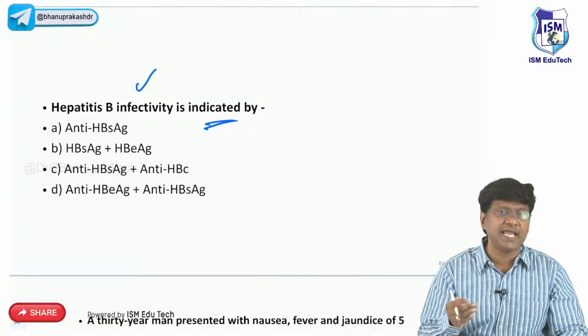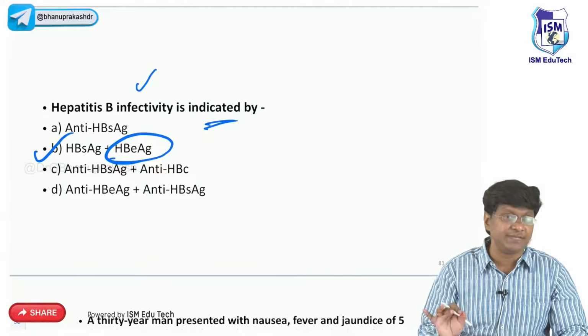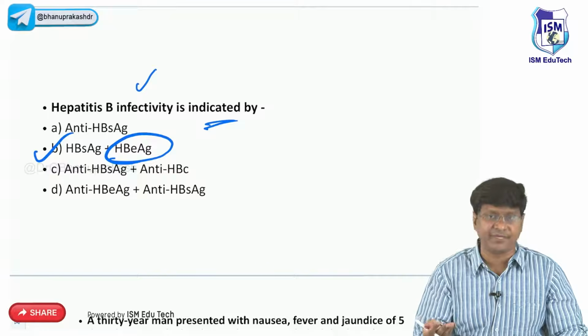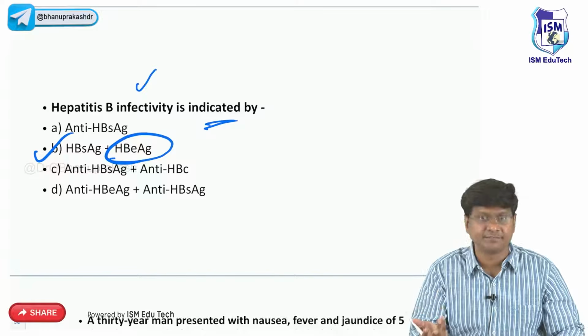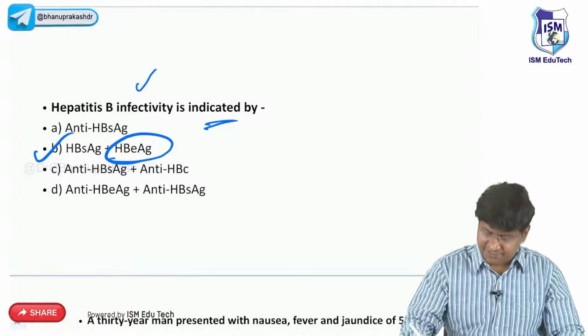The presence of HBsAg and envelope antigen tells that the individual is highly infective. That means the virus is replicating. That is the importance of the envelope antigen.